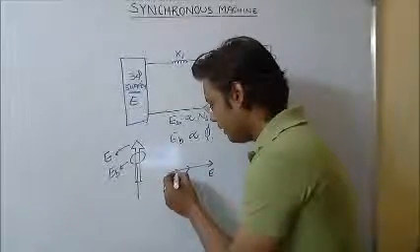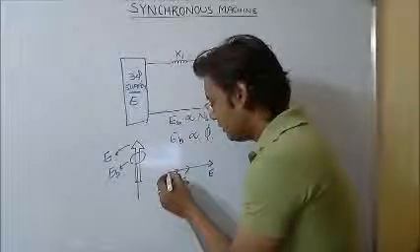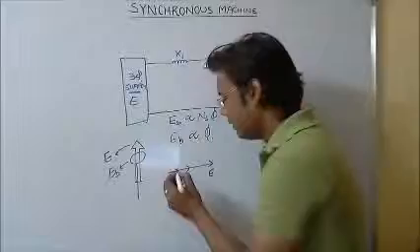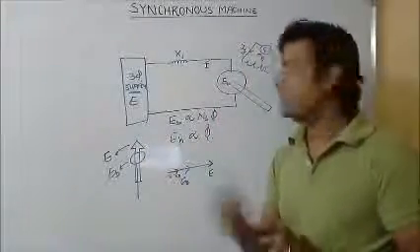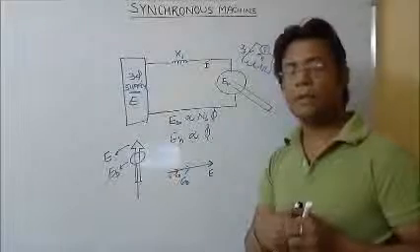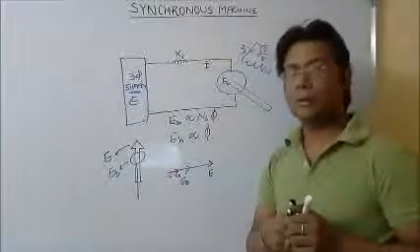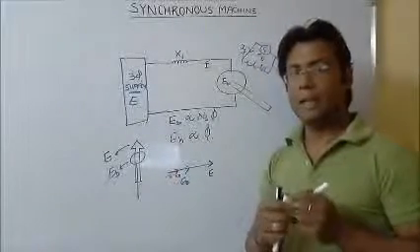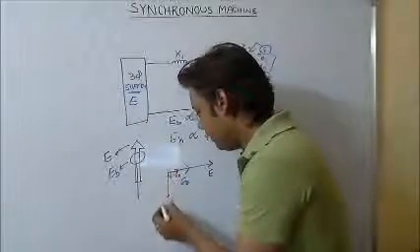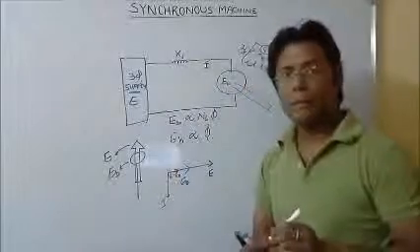Because of the reactance, we know that in an inductive coil the current lags the voltage. So the current will be exactly 90 degrees behind E minus EB.